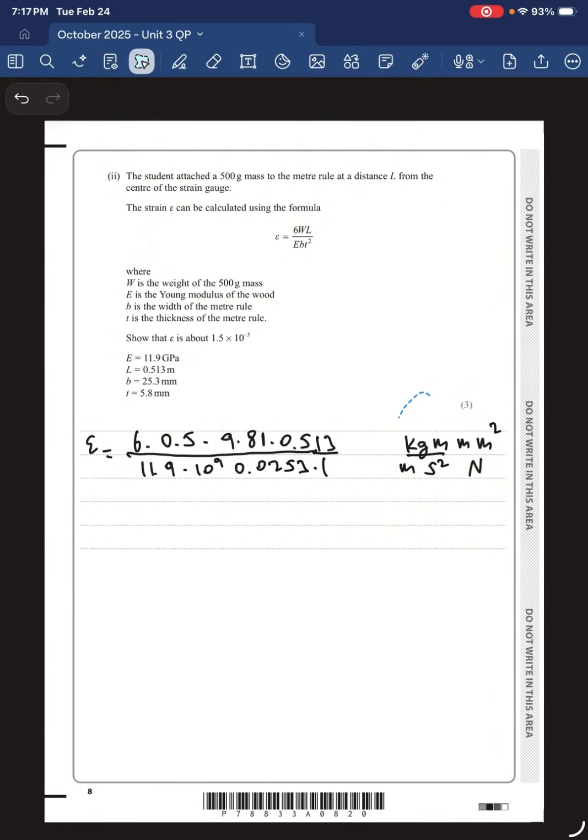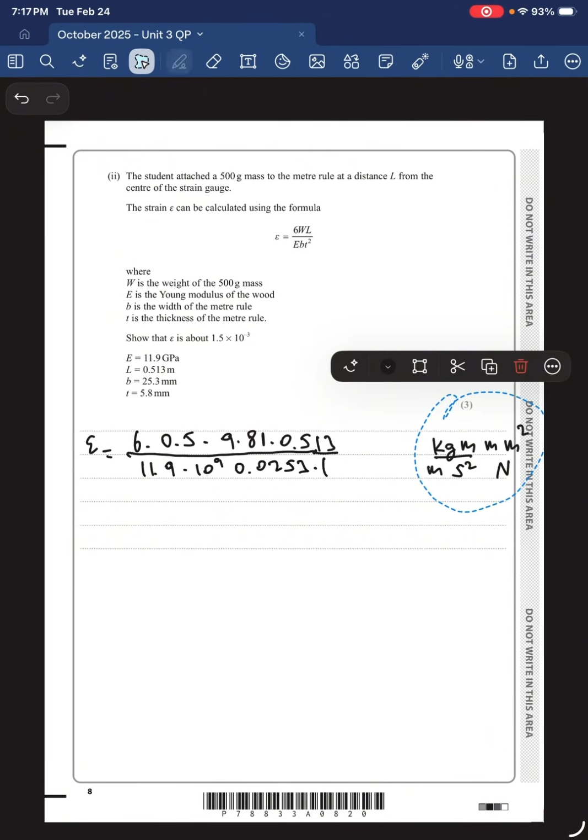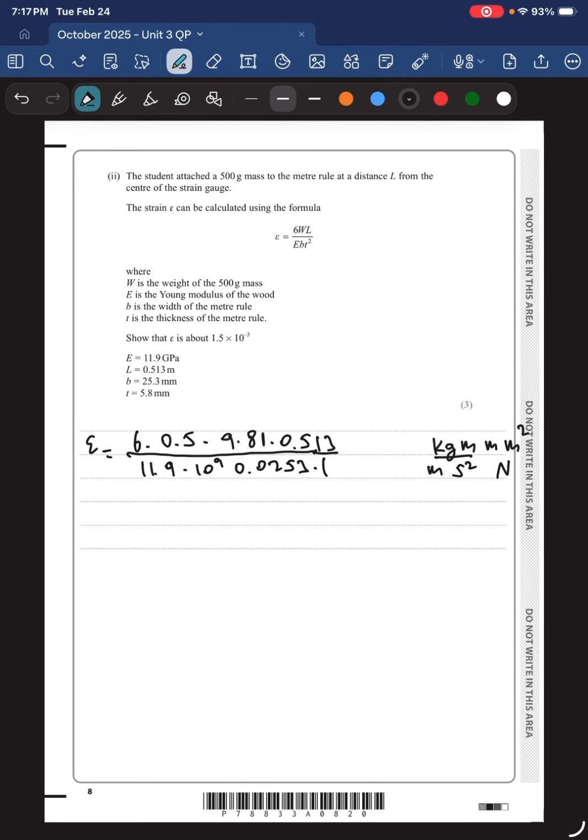I run out of space. Let me pull this to the right a little bit. Okay, over there is good. And then 5.8 times 10 to the negative 3 squared, and then we have meters squared. Okay, so this guy over here, kilograms times meters over second squared, makes 1 Newton, right?